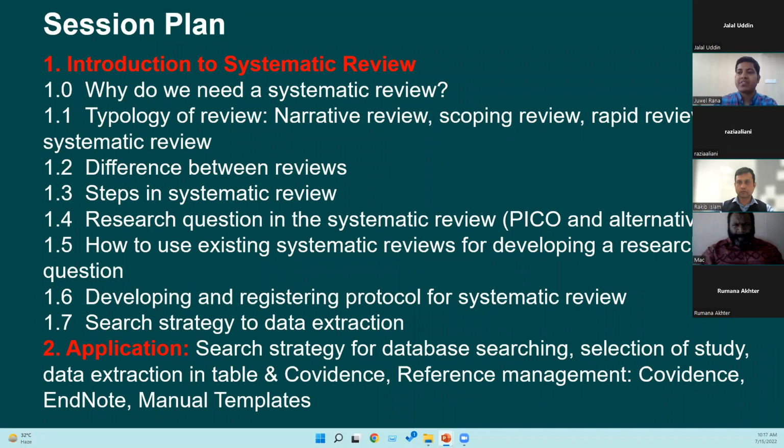And then in the second session, it will be applied: how you can do this manually, as well as using some available software, or automatic tools, and how you can manage your references and the studies you retrieve searching in different databases. So we'll be talking about this in the second session.